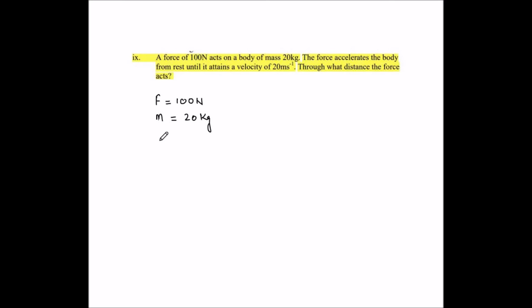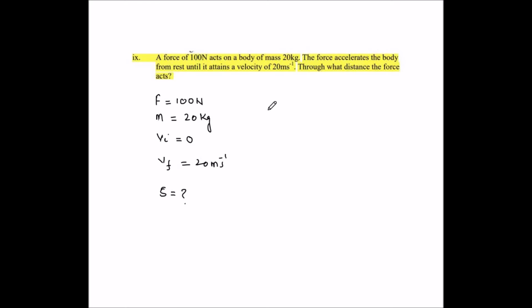Then we have the body from rest. Rest means you can take initial velocity of the object is 0. Attains velocity 20 meters per second, its final velocity is given. Then you need to know through what distance the force acts, distance traveled by the object, as you can write here.